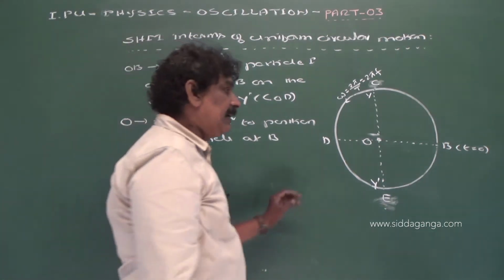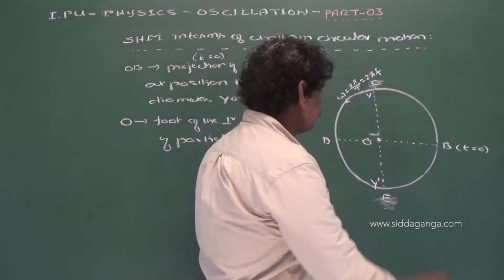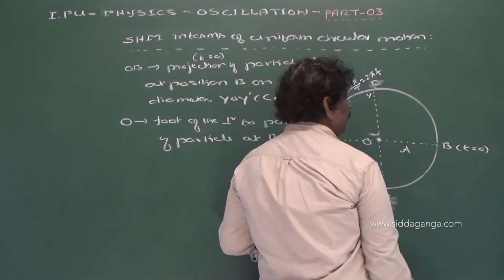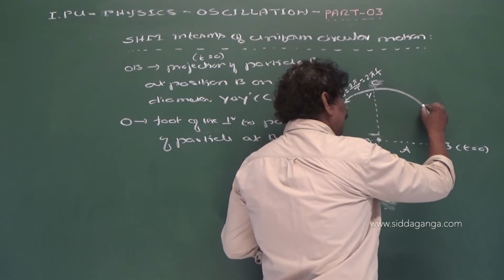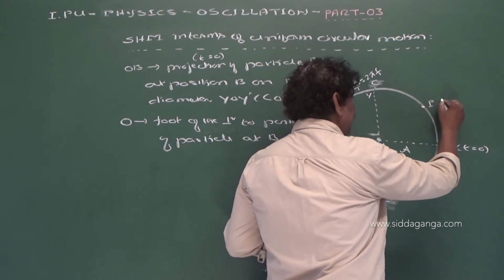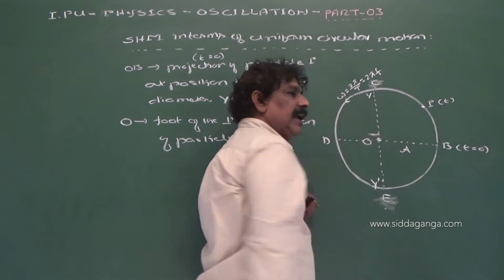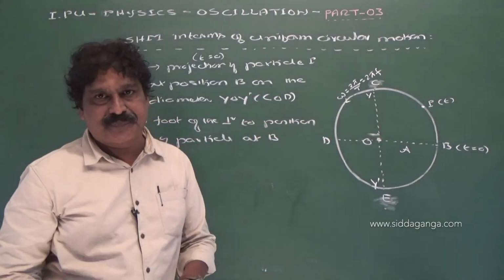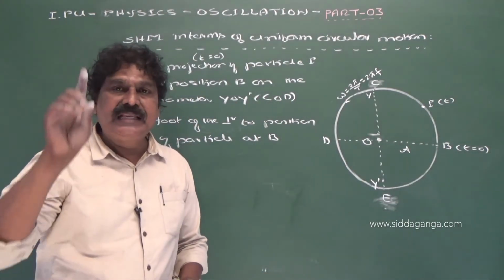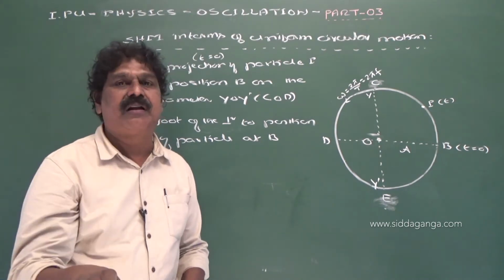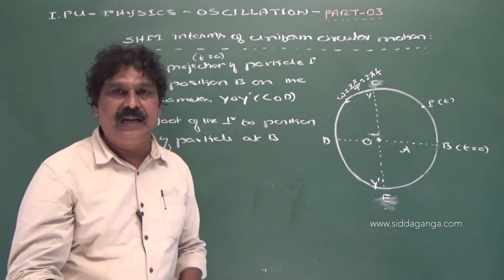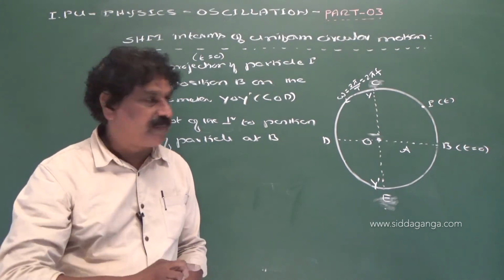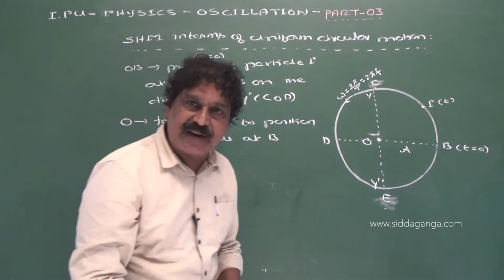Now, let the particle move to a position P in a time t. P is the instantaneous position of the particle moving along the circular path at any instant of time t.